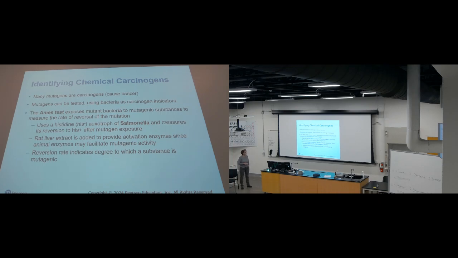So if this bacteria will reverse in a specific time versus other ones, you will be measuring the reversal of the mutation. In this other example, you have a rat liver extract that was added to provide activation of enzymes, since this animal enzyme sometimes can facilitate mutation.